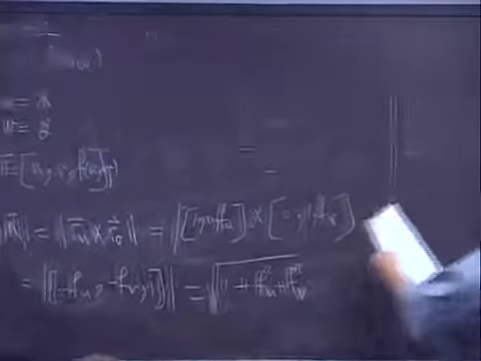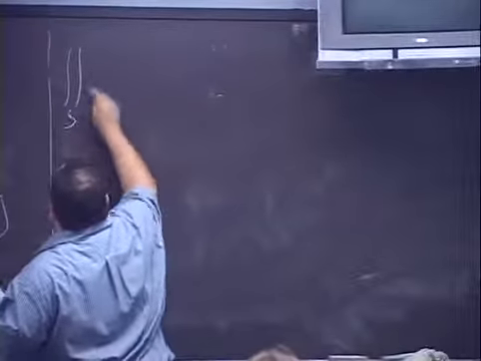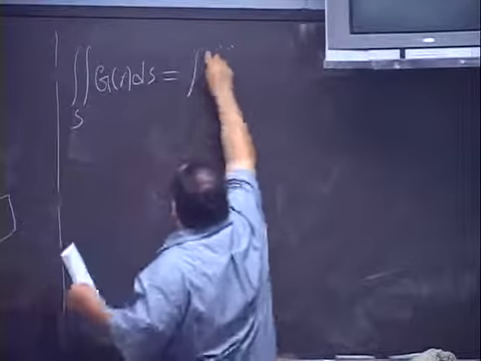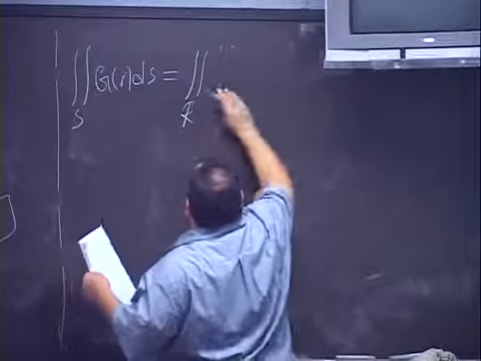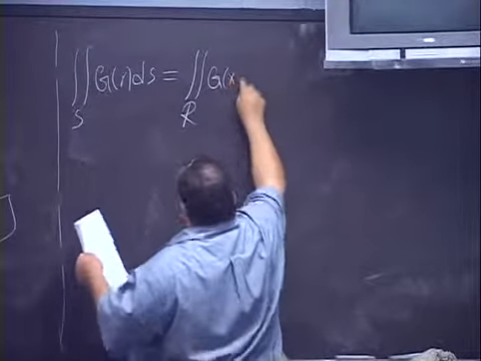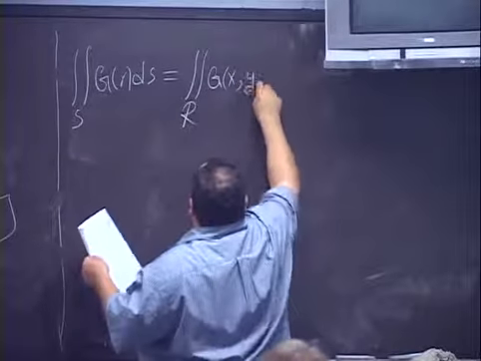If you are integrating over a surface explicitly, instead of u and v, this will be g of x and y, and what's z?